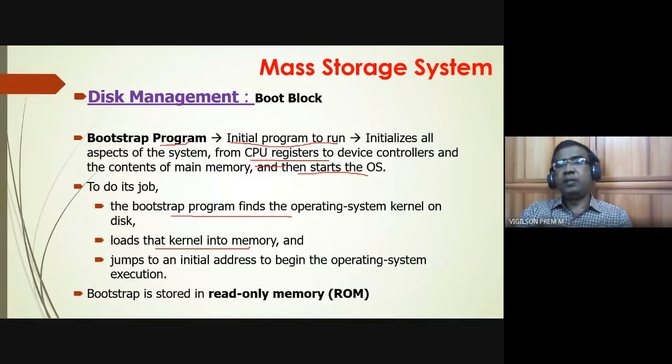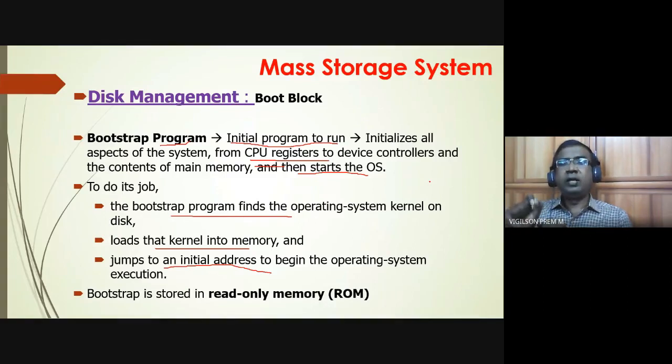If it is found, it loads that operating system into main memory, jumps to an initial address, and begins the operating system execution. Jumping to the initial address means the first address of the operating system. So what is happening during booting? I told it in only one line.